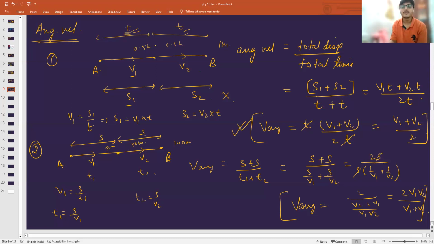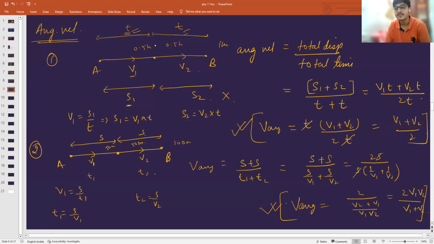When the journey is divided into two half times, then the average velocity is V1 plus V2 by 2. And when the journey is divided into two half distances, then the average velocity is 2 V1 V2 by V1 plus V2. You can remember it directly.